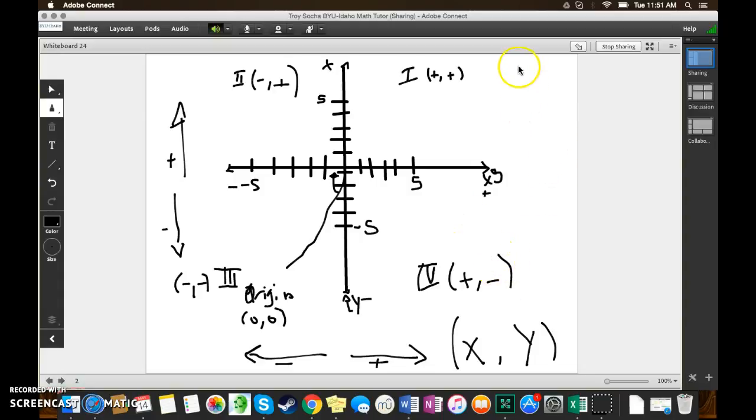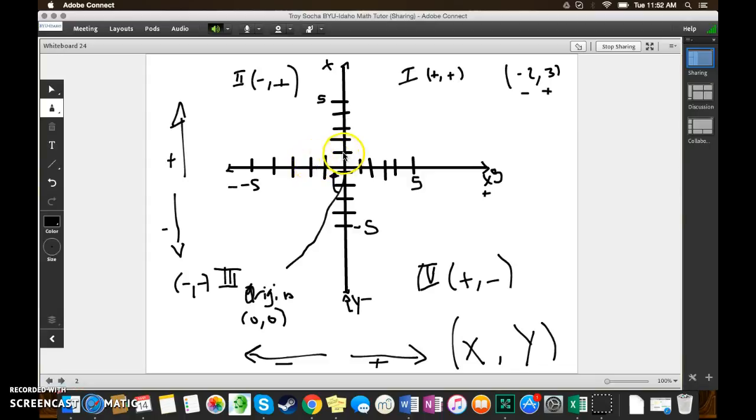Say we had the point negative 2, 3. So first I would look at the signs and I would say this is a negative, positive. So I'd look for, okay, so we've got a negative, positive, okay. What I'd also think is the x is negative, so we're going to go left, 1, 2. So we know that my x value is going to be on this line somewhere. And then right here.